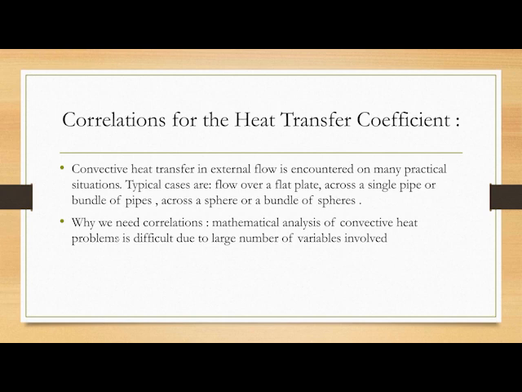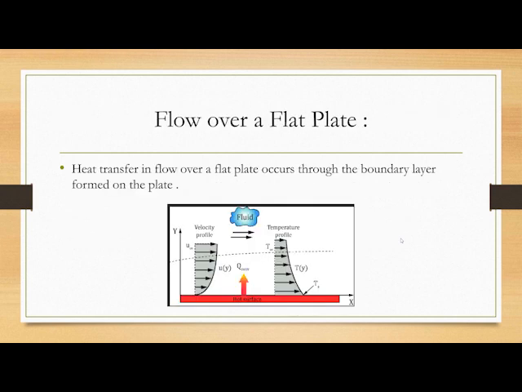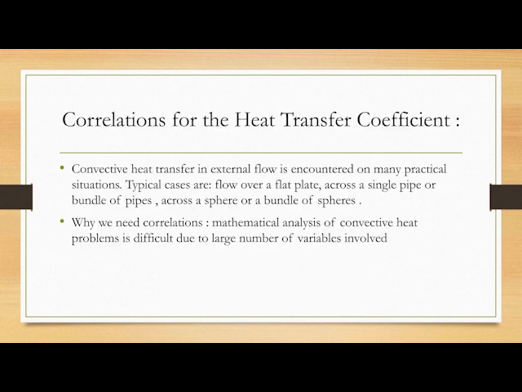So here's why we need correlations. As I told you, mathematical analysis of convective problems is difficult due to the large number of variables involved. So basically, correlations make our task easier.